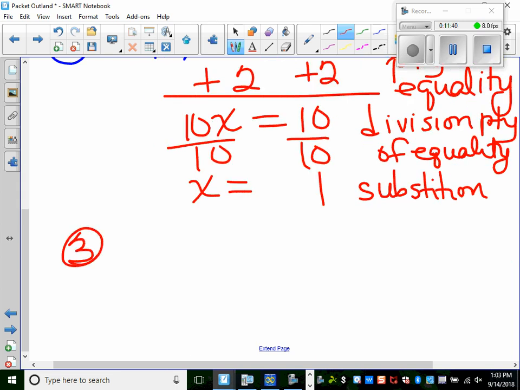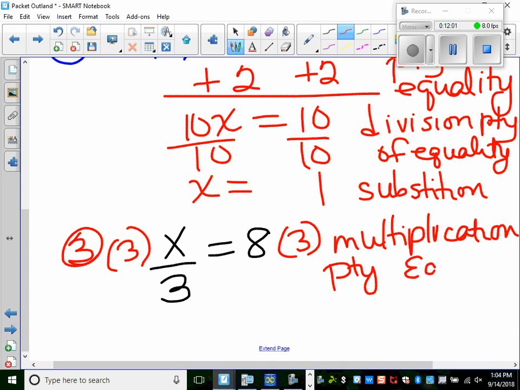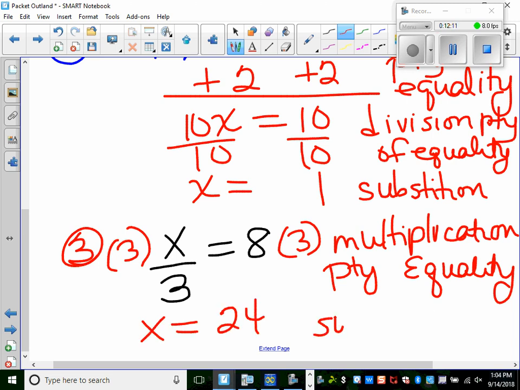So if you had something like this, and you have to multiply both sides by 3, so you have used the multiplication property of equality. Okay. When we get the answer, that will be called substitution.